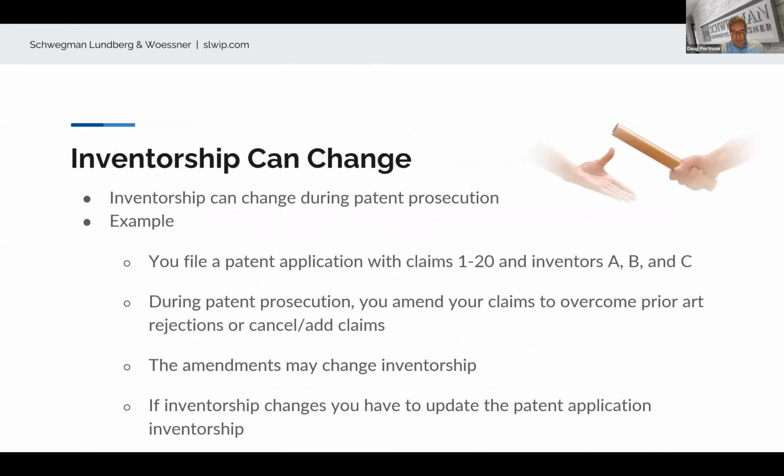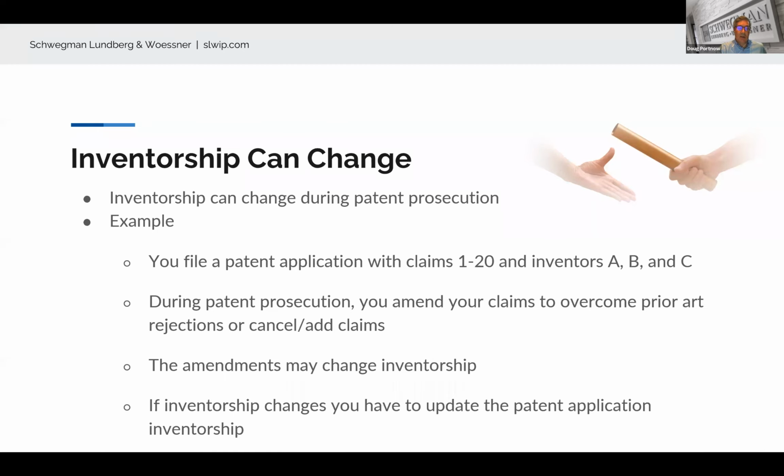Okay. On slide 19, we talk about how patent inventorship can definitely change during prosecution. A very simple example: you file your patent application with claims 1 through 20 and 3 inventors, A, B, and C. During patent prosecution, maybe there's a rejection, and you have to amend your claims to distinguish the claimed invention from the prior art, or you are canceling claims or adding new claims.